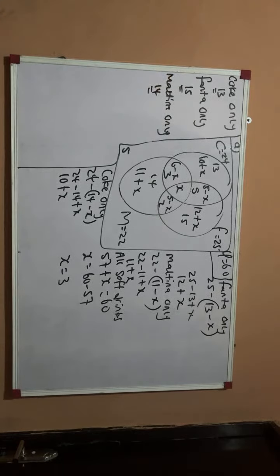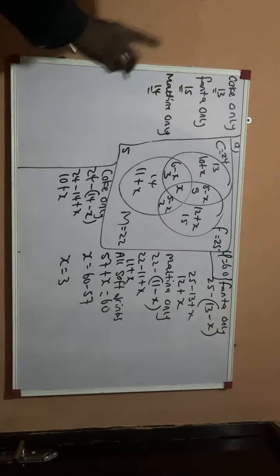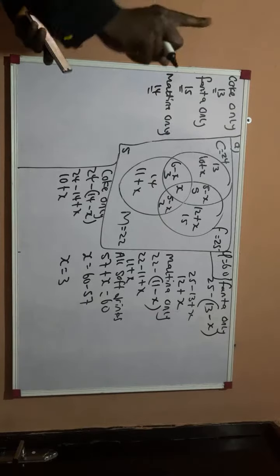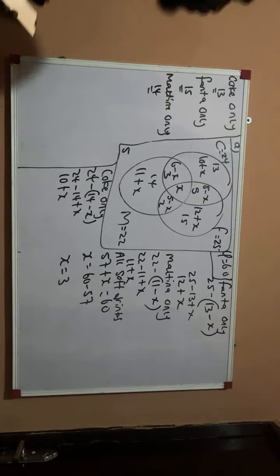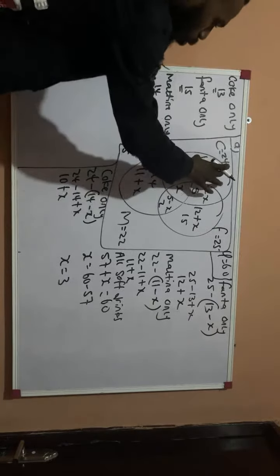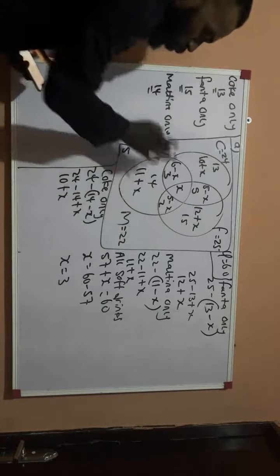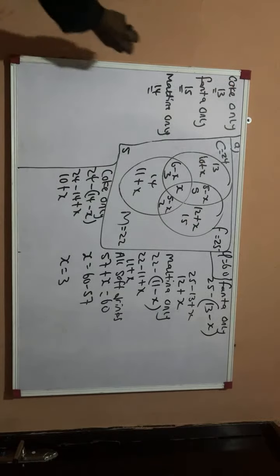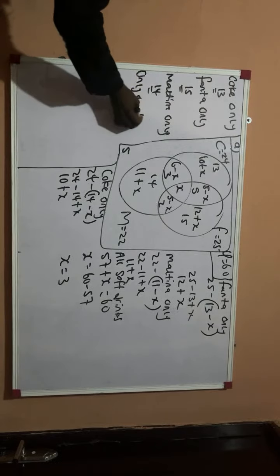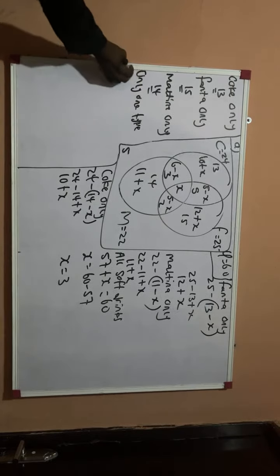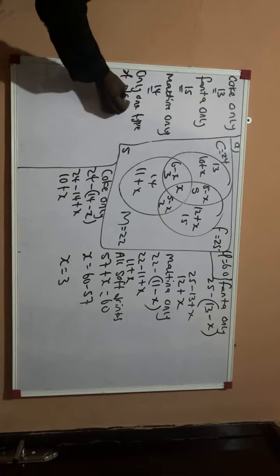And then the next question they said is how many drank only one type of drink? Now you can all see that only one type of drink simply means Coke only, Fanta only, and what? Maltina only. So we will write only one type of drink.